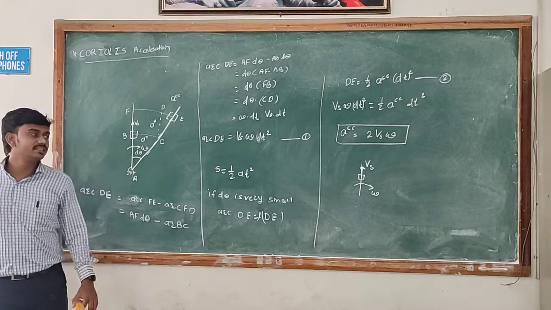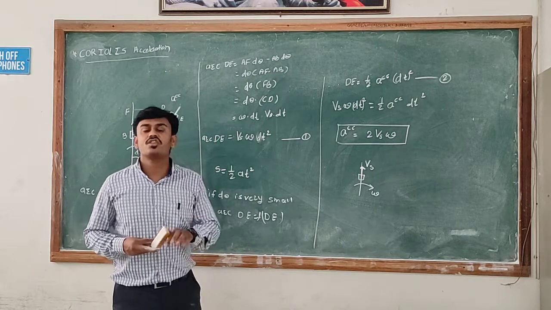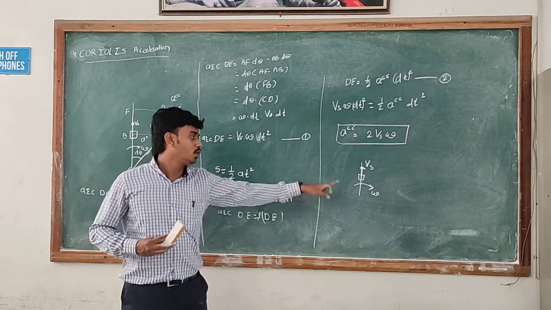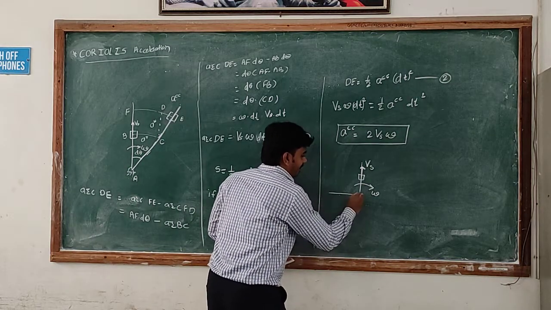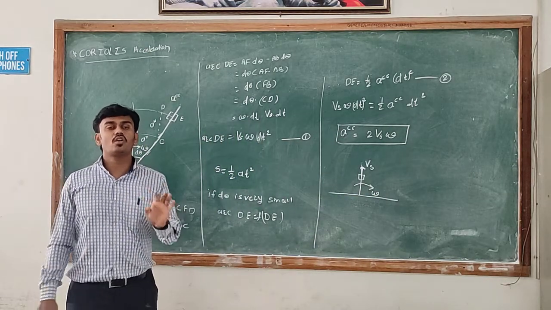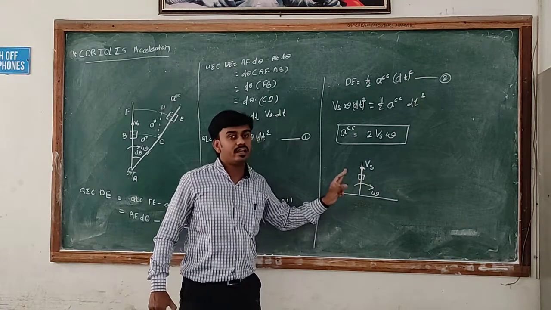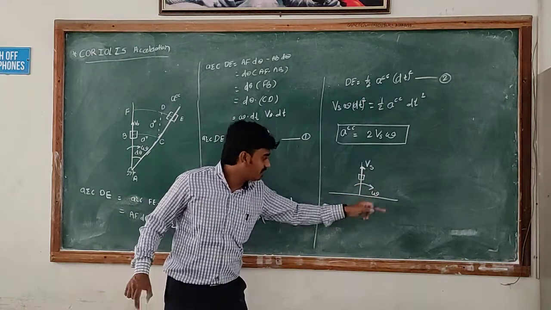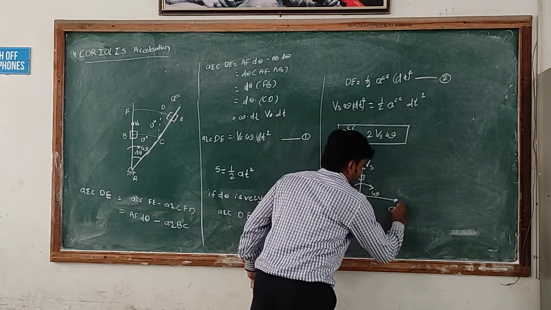In this case, the direction of the Coriolis component of the acceleration is at 90 degrees to the link, so the acceleration may be in this direction or in this direction. But the direction of the Coriolis component of acceleration is 90 degrees to the link and in the direction of rotation of the link. This link is rotating in this direction, so the Coriolis component of acceleration is in this direction, that is ACC.